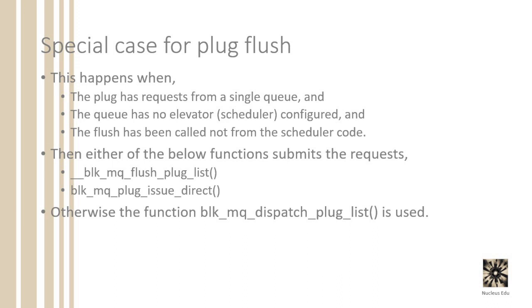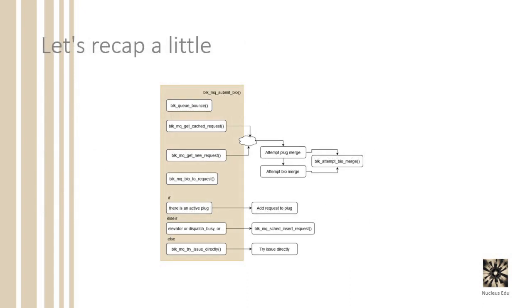So this is for the plug flush case, and now we're going to move back to our function blk_mq_submit_bio and look at what happens after the merge is attempted. We're going to have a small recap which covers the next few cases. We've already looked into the bounds and why it is done.